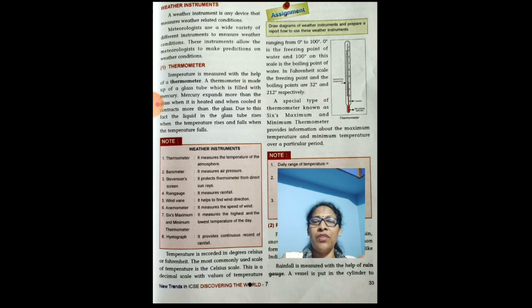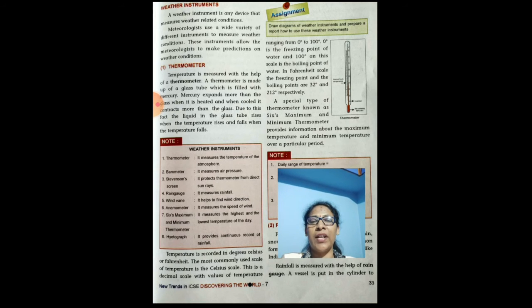Some of the instruments are given here in the note column. First, thermometer. It measures the temperature of the atmosphere. Second, barometer. It measures air pressure. Third is the Stevenson's screen. It protects the thermometer from direct sun rays. Rain gauge. It measures rainfall. Wind vane.